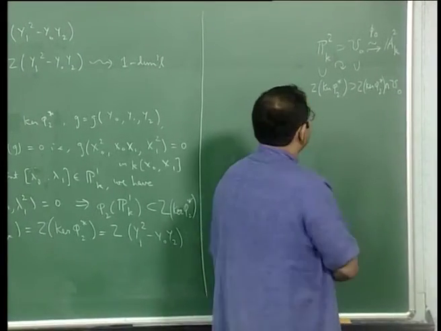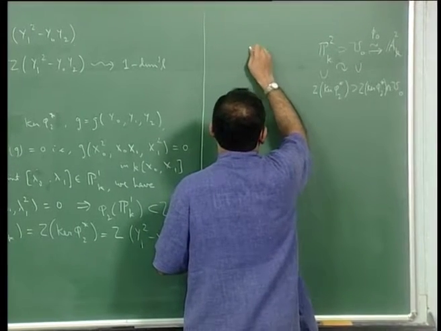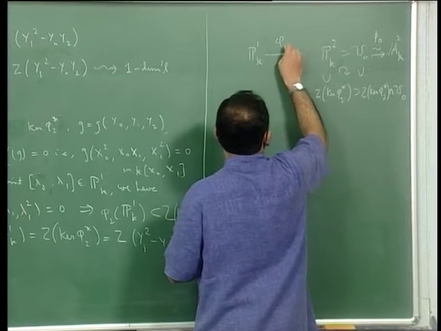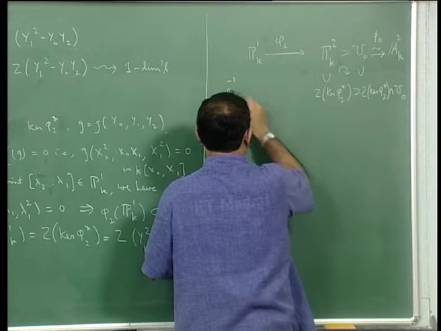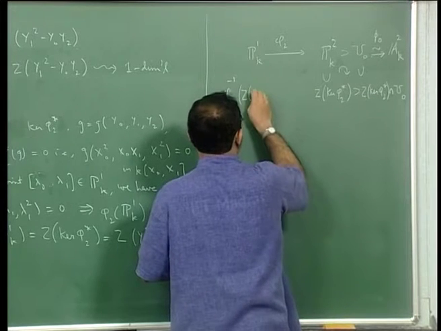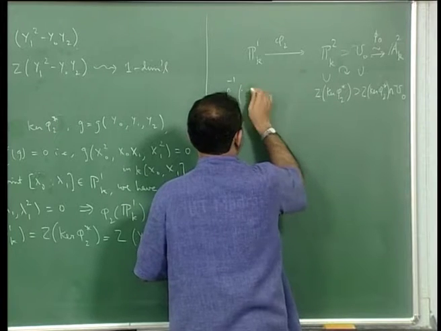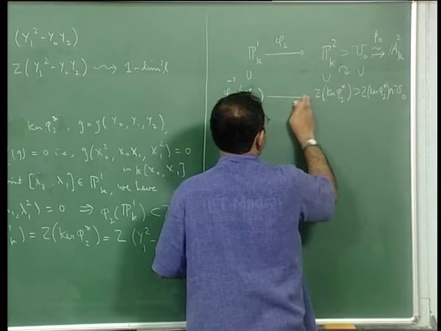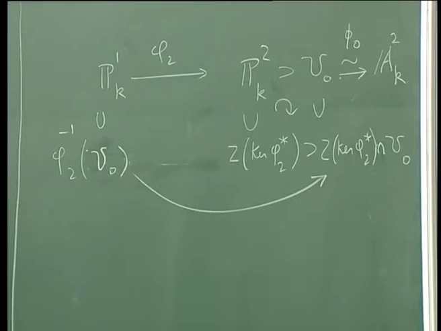Okay, and I have P1 to P2, I have this phi2. If I take phi2 inverse of U0, it will land inside this.